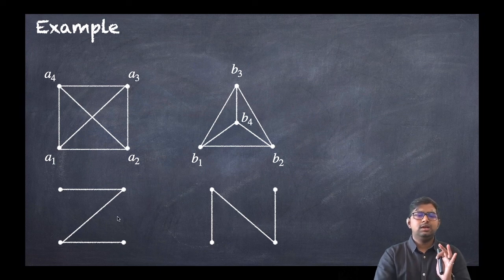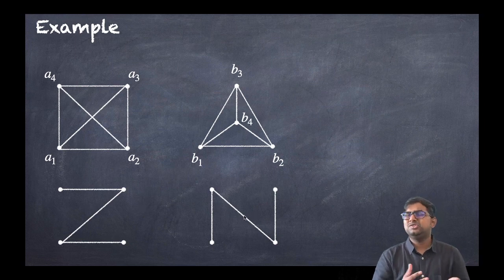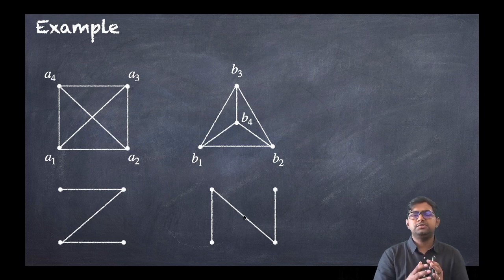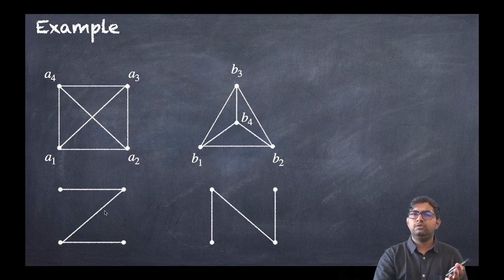Because if you rotate this Z by 90 degrees, you will get N. So there is no need to check all those conditions, because by rotating or shifting some of the vertices you get the same graph. So it is an isomorphic graph. Again, you can rotate N by 90 degrees and you will get Z. Just by looking, it is obviously an isomorphic graph.